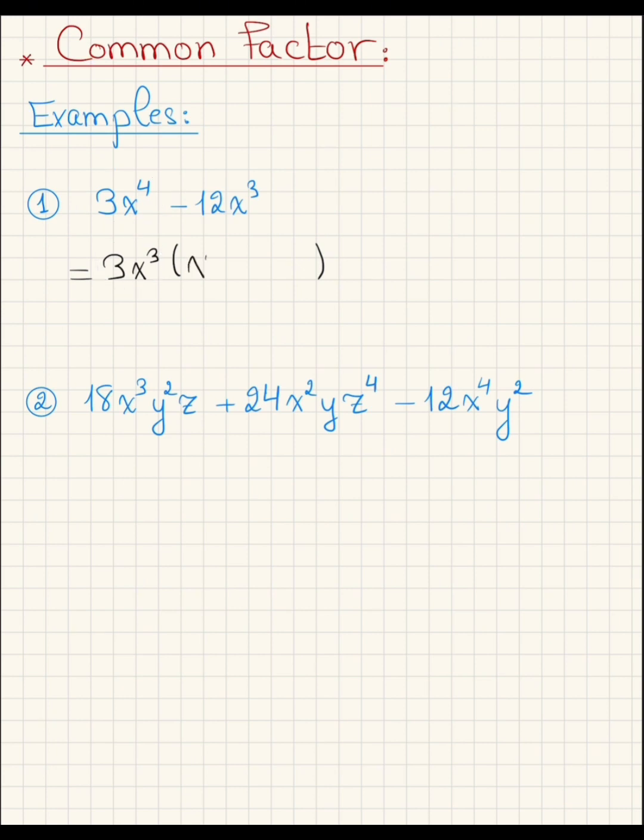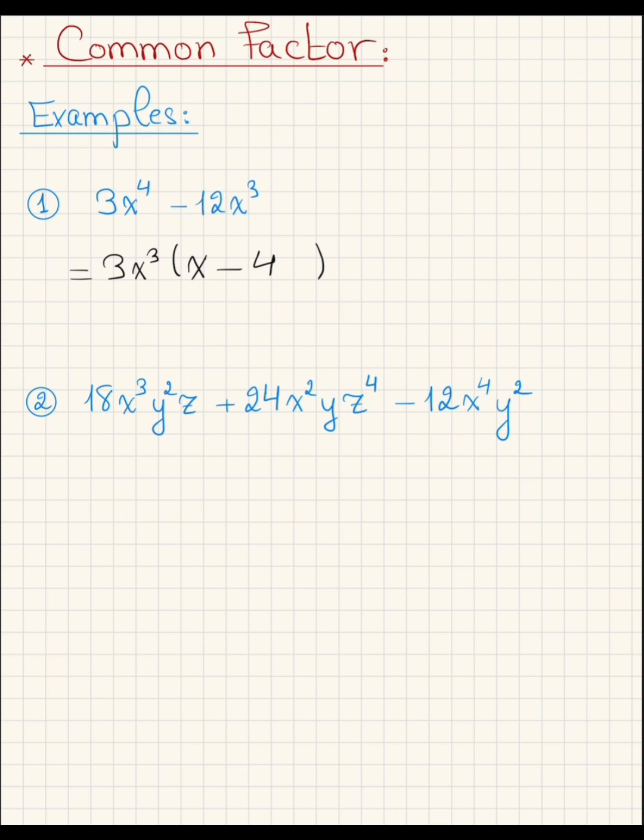So x is left from the first term. I write the minus. What about the next term? We have 12 divided by 3, that is 4. And x to the power of 3 divided by x to the power of 3 is simply 1, so we just write it as 4. And this is the final answer. So it is 3x to the power of 3 into x minus 4.